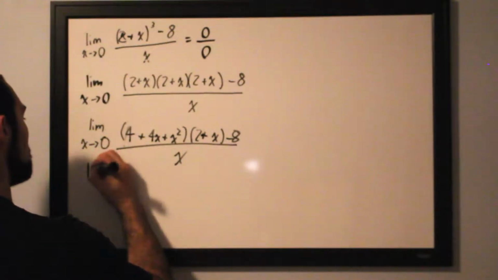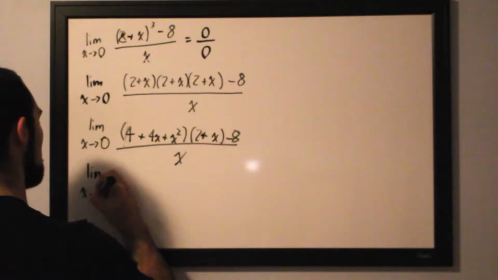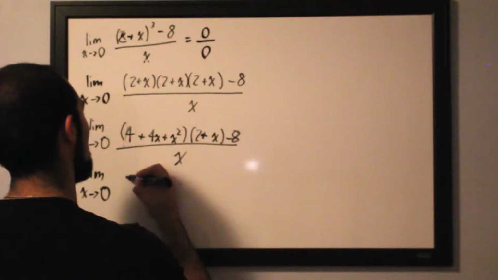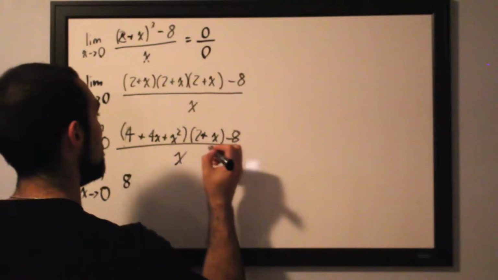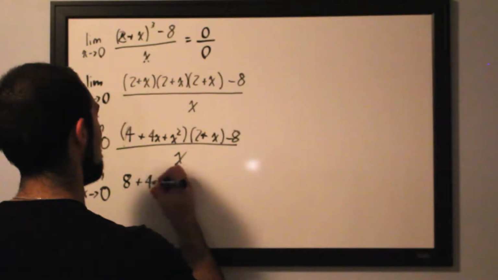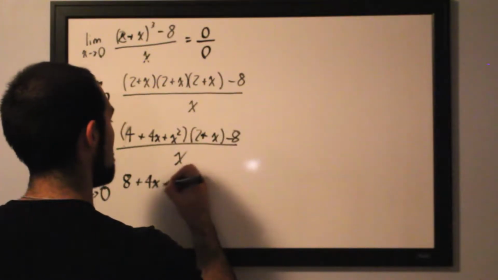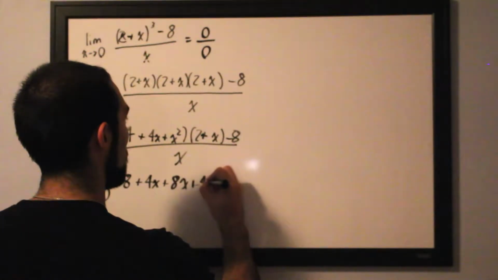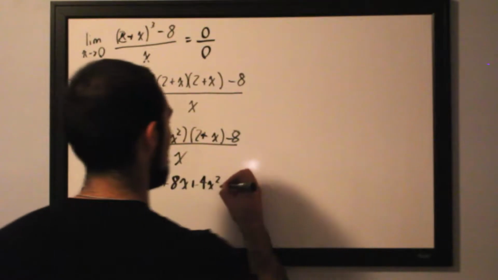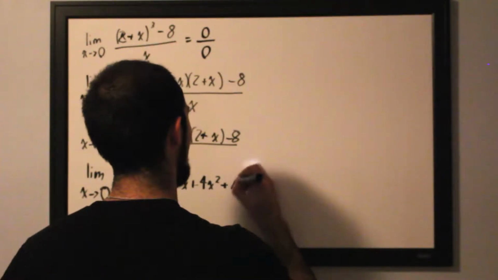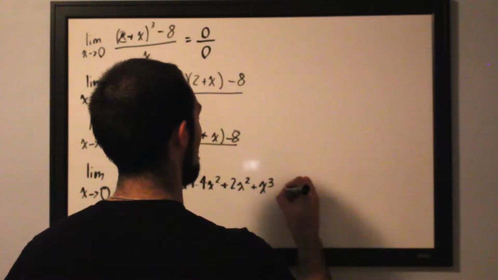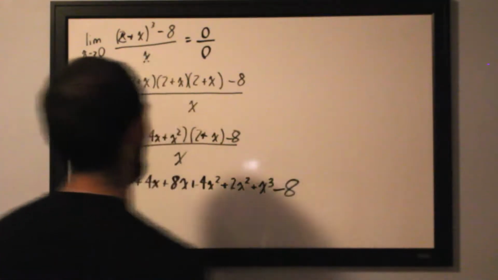Keep distributing it. It's going to come to the limit as x approaches 0. This can be multiplied out, so it's going to come to 8 plus 4x plus 8x plus 4x squared plus 2x squared plus x to the third, and then all that minus 8.